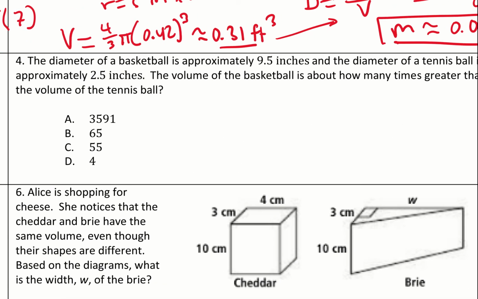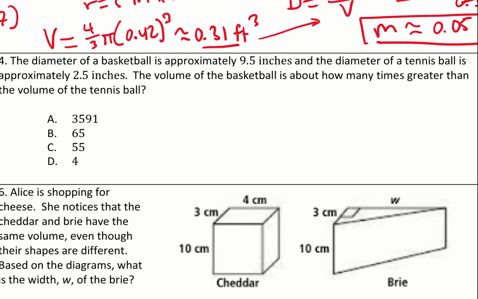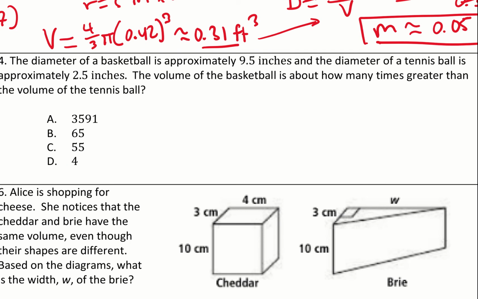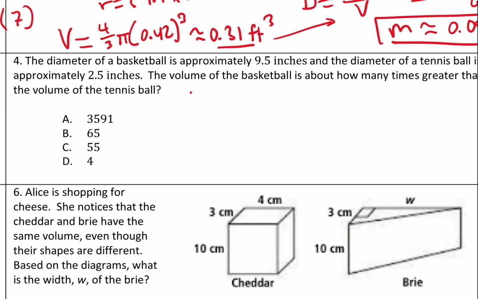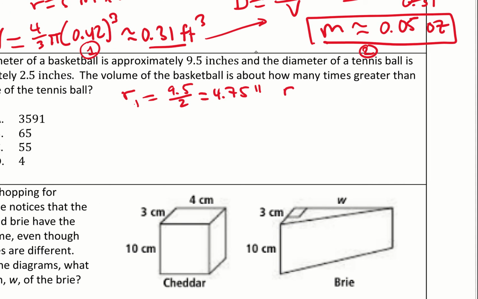All right, so number 4, the diameter of a basketball is approximately 9.5 inches. The diameter of a tennis ball is approximately 2.5 inches. So let's call this sphere 1, and let's call this sphere 2. So the radius of sphere 1 is 9.5 over 2, which is 4.75 inches. The radius of sphere 2 is 2.5 divided by 2, which is 1.25 inches.